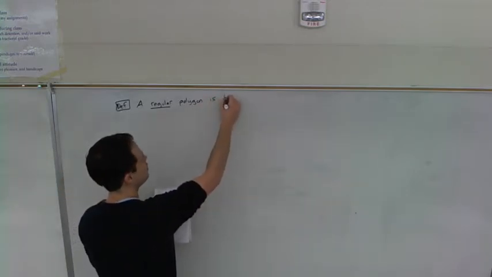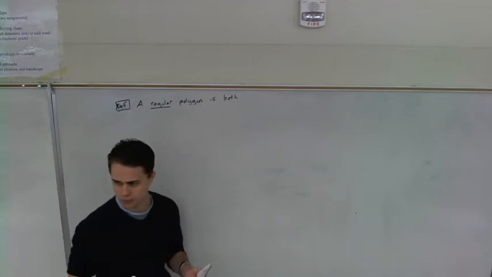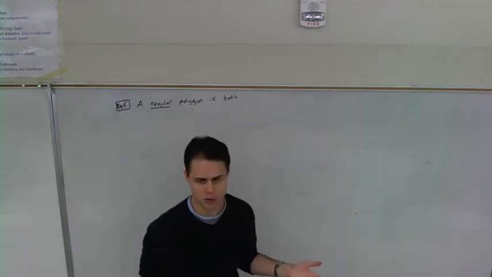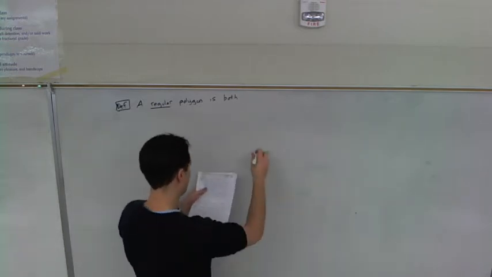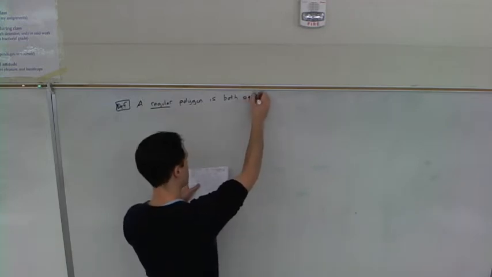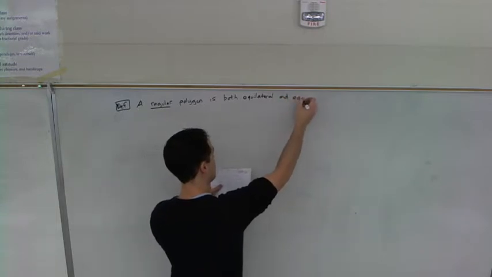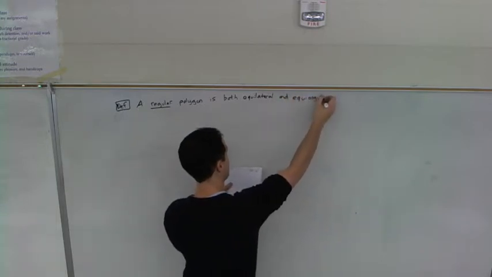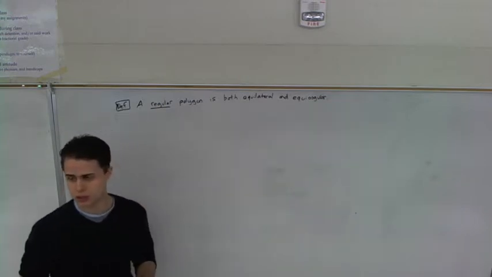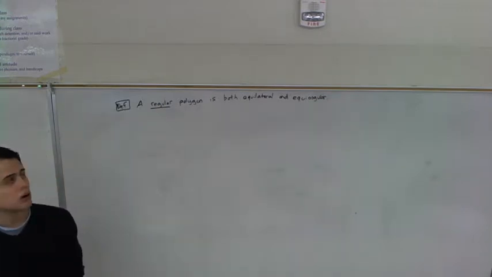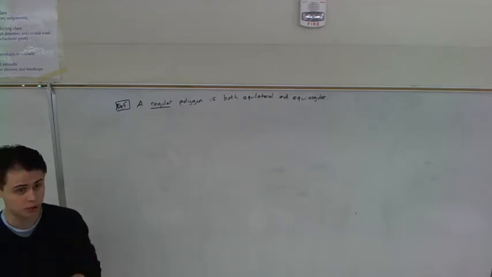It means like normal. So if you're regular, then you've got to have sides that are the same, you're equilateral, and all angles that are the same, you're equiangular. That's what regular means. So if it's not like that, you'd call it irregular.